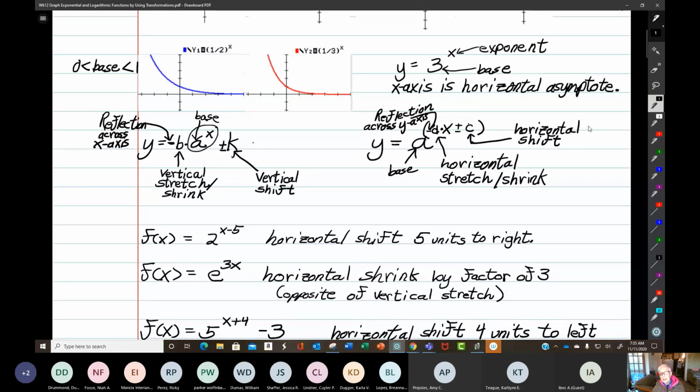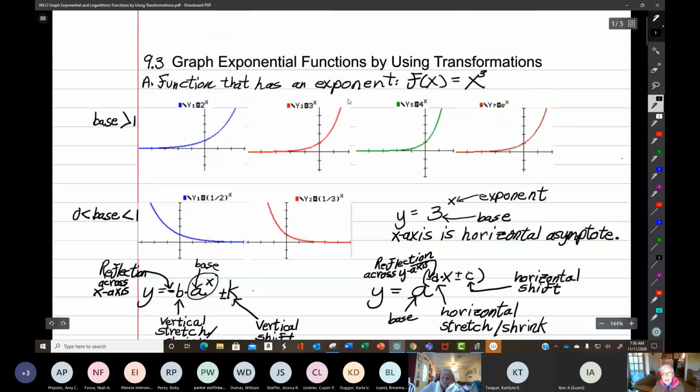Now over here, we're concentrating on the horizontal movement. The horizontal movement occurs where the x is. So a negative sign in front of the x means that the graph is going to be reflected to the other side of the y-axis.